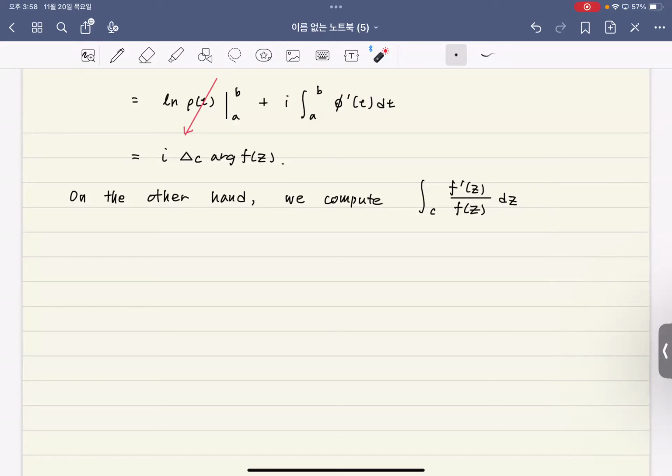So let me just focus on this integral. In order to integrate this, we'll need to take a small circle about this zero. But we are not actually taking the integral of f, but we are taking the integral of f prime by f of z.